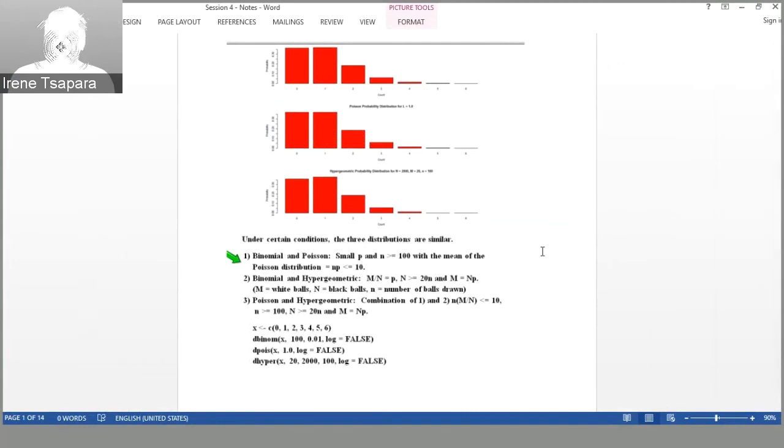So there are tools that interrelate the three distributions. Keep this in your notes so you know when those distributions are similar and you can jump from one to the other. Also right here, I have the formulas in R that you can use for exact calculations for the binomial, for the Poisson, and for the hypergeometric.